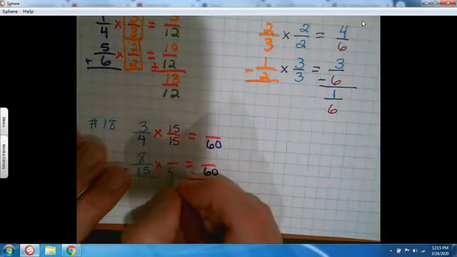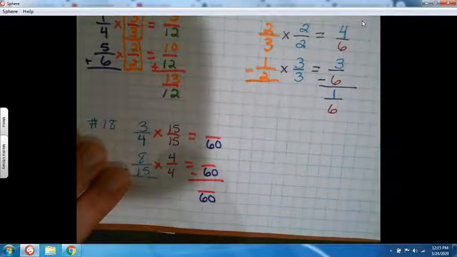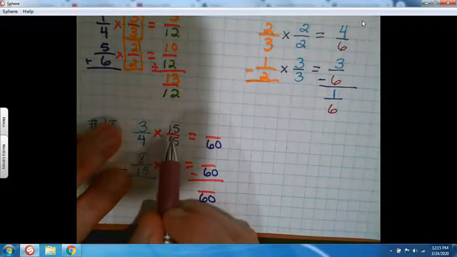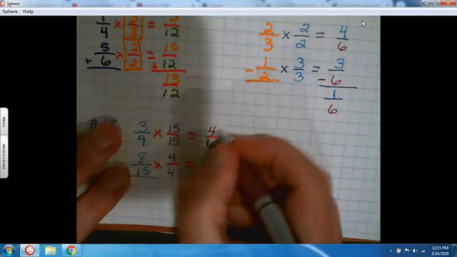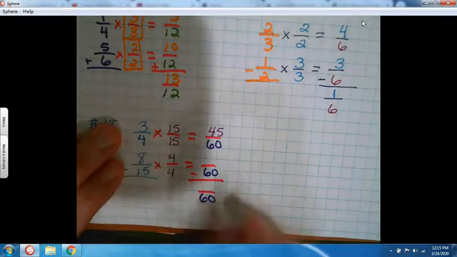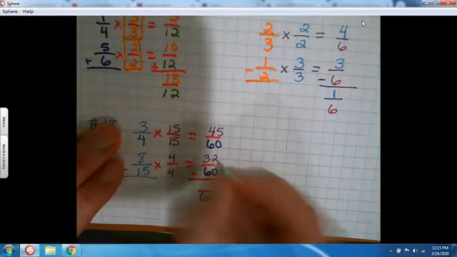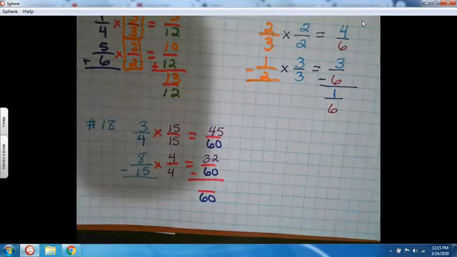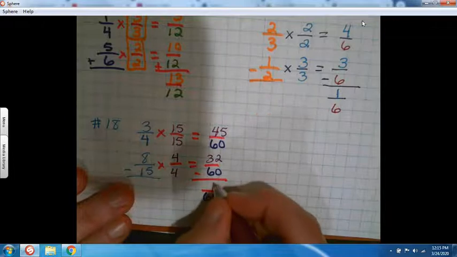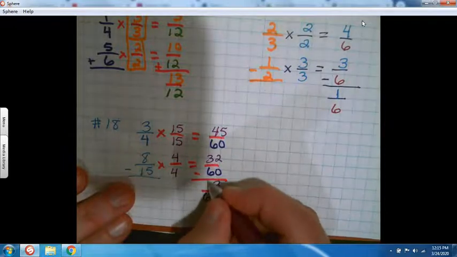What we do to the bottom, we do to the top. 3 times 15, 45. 8 times 4, 32. And we subtract that. So 5 take away 2 is 3. 4 take away 3 is 1.